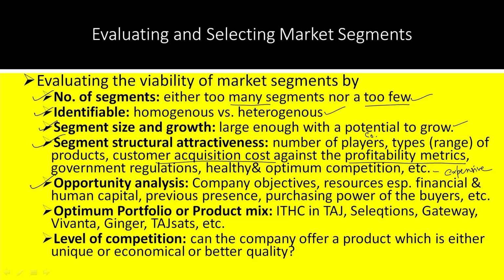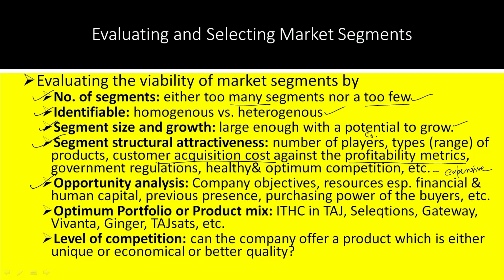Now, next is previous presence: whether the company has ever sold that kind of product, whether it has been catering to that kind of market segment, if not with the product it is planning to come up with, then with some other product, maybe if not the USA product, then with an Australia product. Both of these, if you go to the 5-star category hotel, are high-end products.